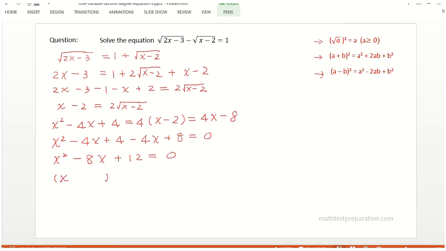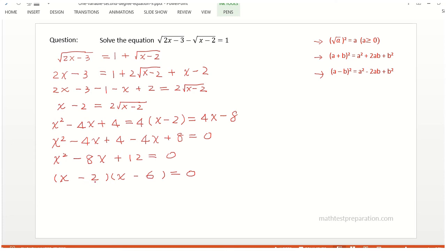x squared subtract 8x plus 12 equal to 0. The constant term is 12. This is negative 8. When negative 2 times negative 6, negative 2 times negative 6 is positive 12.